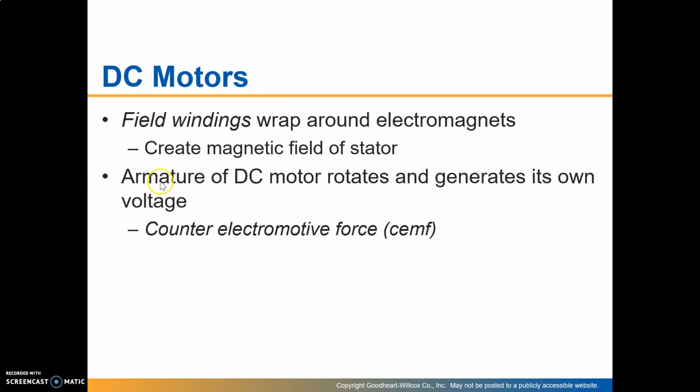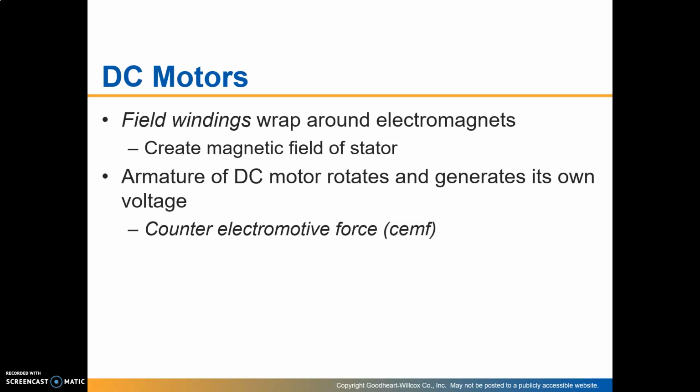And another thing to note is that the armature of the DC motor, in spinning, has that momentum and energy to generate its own voltage. The voltage that it generates is counter to the voltage that's coming into the motor.